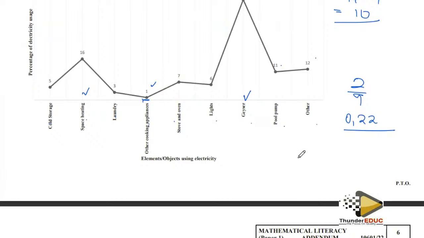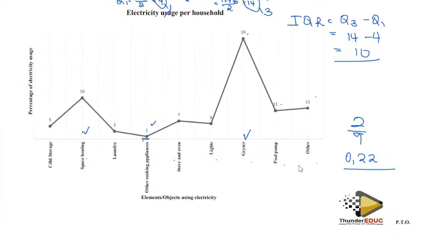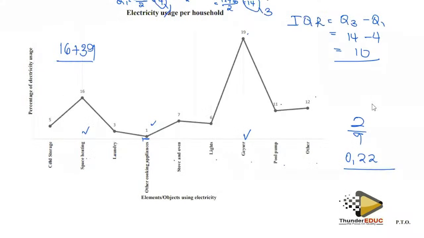But someone else would have used the percentage. It would also be fine. Space heating is 16 plus the geyser, which is 39. But this would be out of what? Over 100.